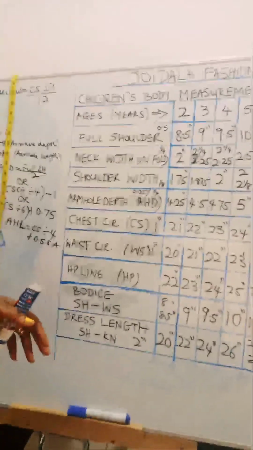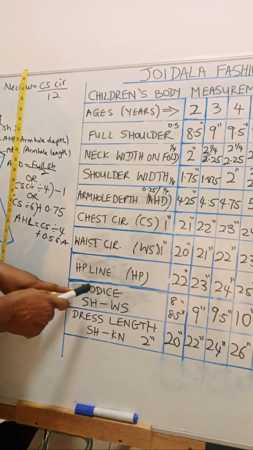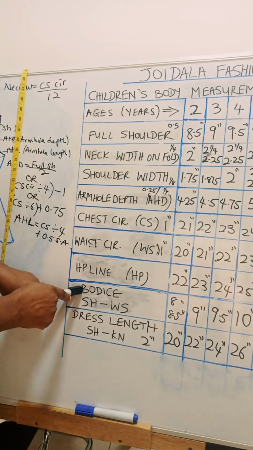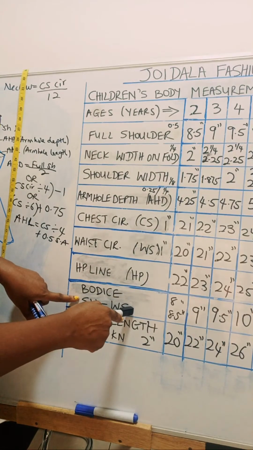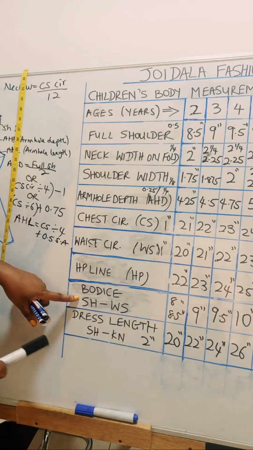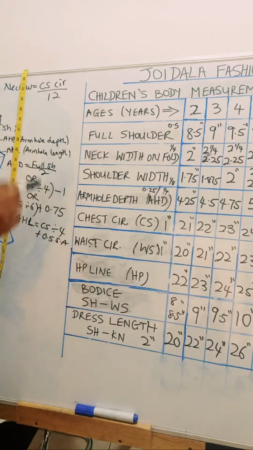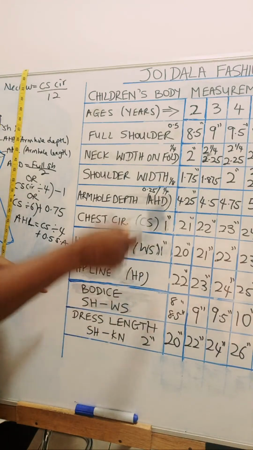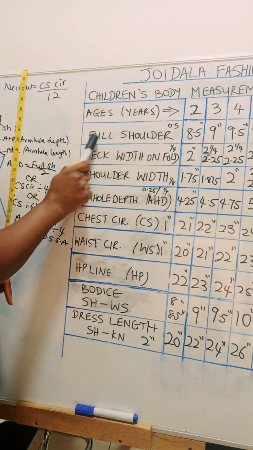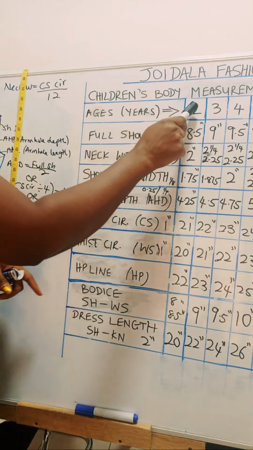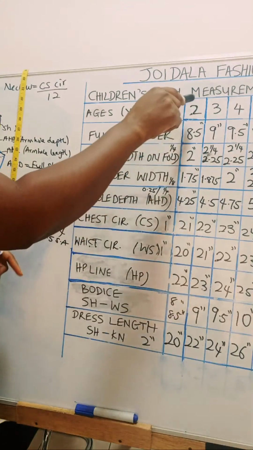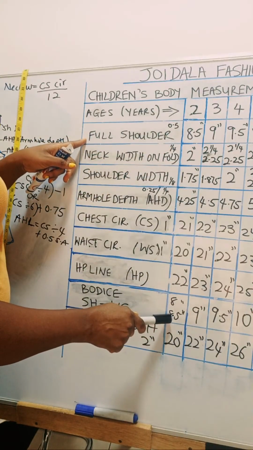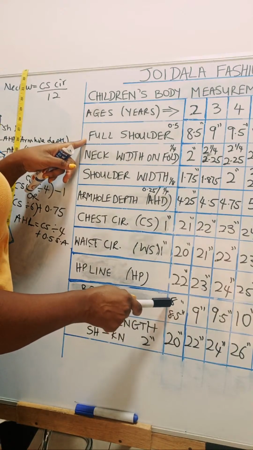So the next thing we want to look at on the chart is the bodice. I've explained that the bodice is from the shoulder to the waistline. And one interesting thing about the bodice of a child's dress is that the bodice length is the same thing as the full shoulder. A 2 years old child, the bodice length, you can use the full shoulder, which is 8.5, or you can decide to make use of 8.